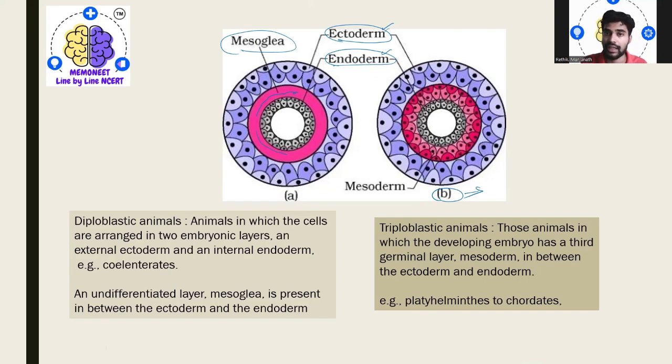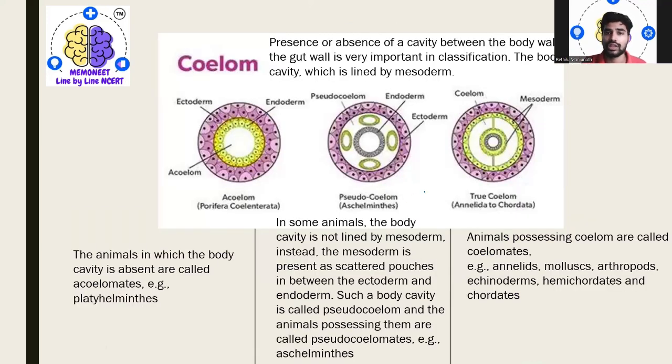One is the normal ectoderm and endoderm, but between the ectoderm and endoderm there is another layer, which is called the mesoderm layer. Animals from Platyhelminthes to Chordata normally are triploblastic. Clear? Cool. We need to understand the difference: in diploblastic animals, between ectoderm and endoderm we see the mesoglea, whereas in triploblastic animals, during embryonic development itself, we have three germ layers, with the mesoderm between ectoderm and endoderm.